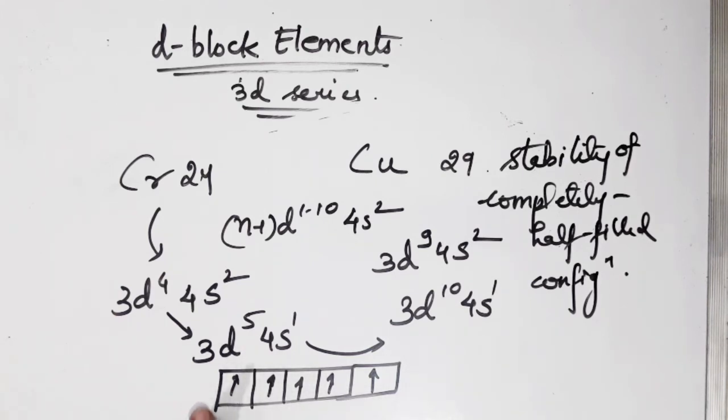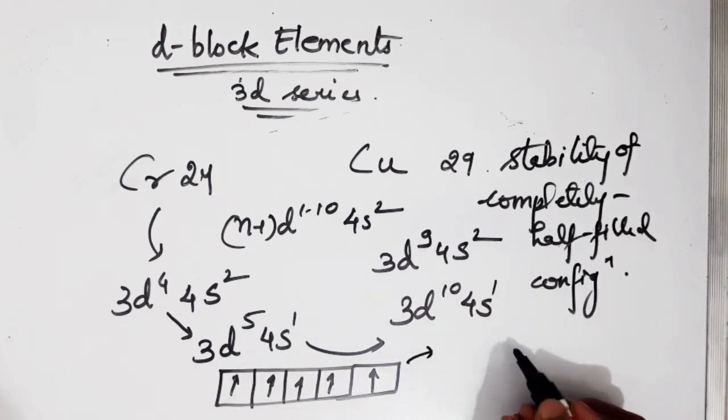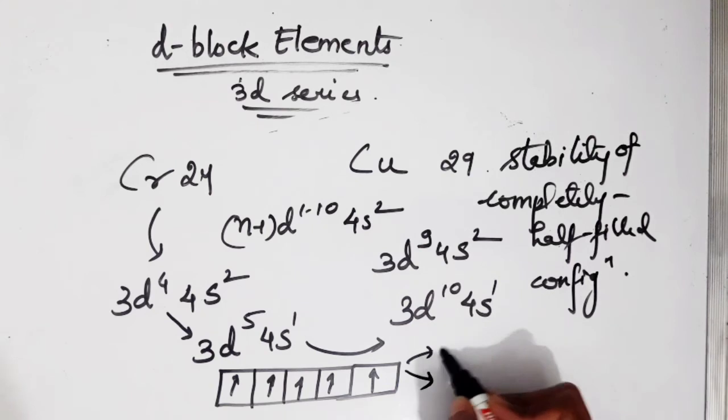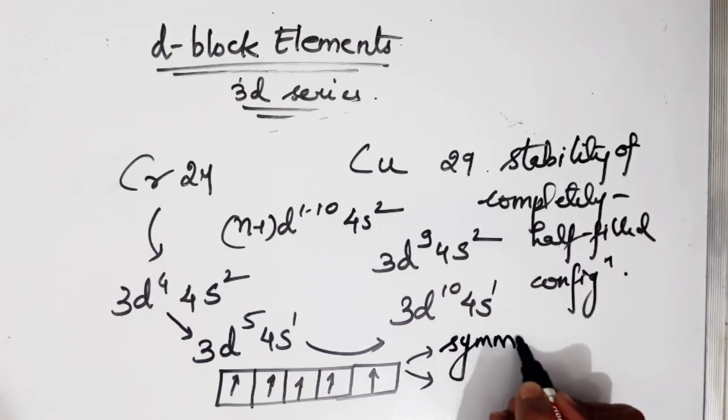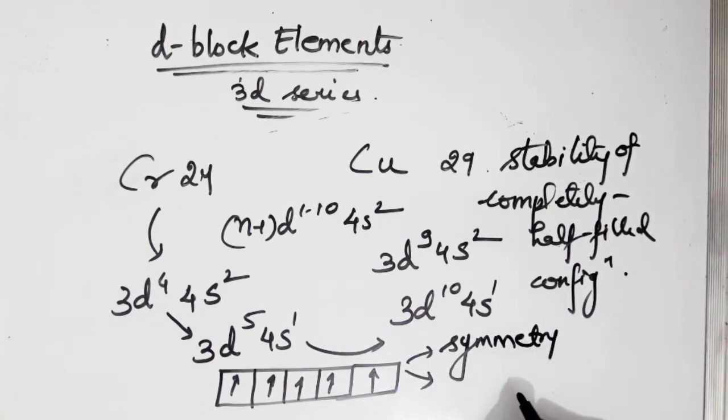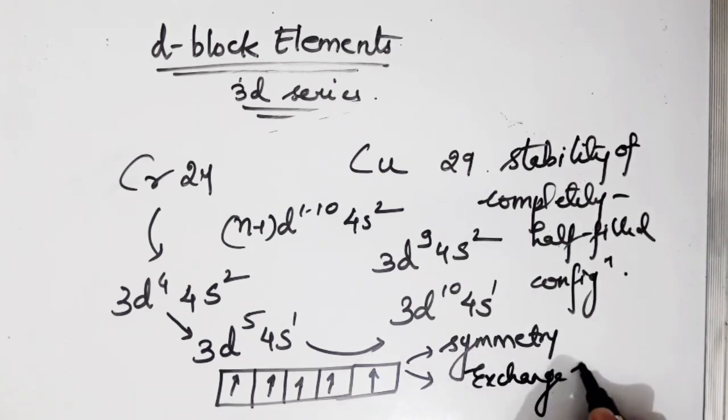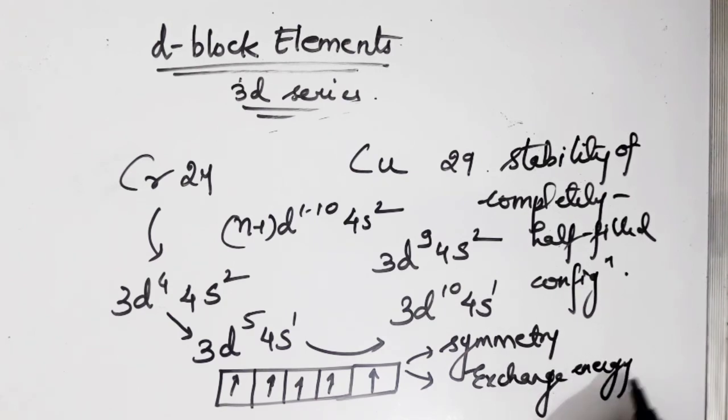The reason behind the stability of half filled and completely filled orbitals lies in symmetry as well as exchange energy. The spins are so arranged that you have symmetry, and therefore these are more stable. Also regarding the exchange energy, the exchange of electrons in the degenerate orbitals has low exchange energy, and therefore they are more stable.